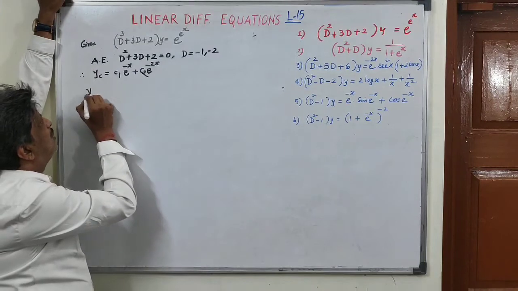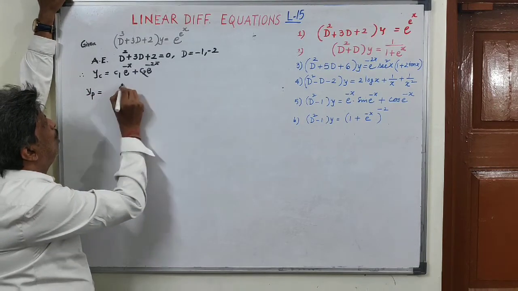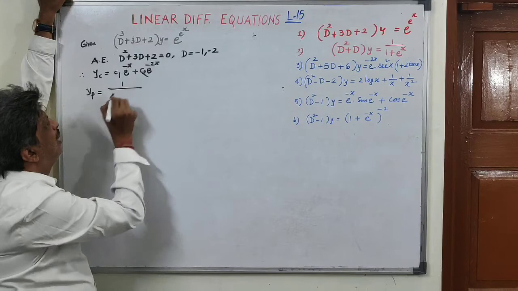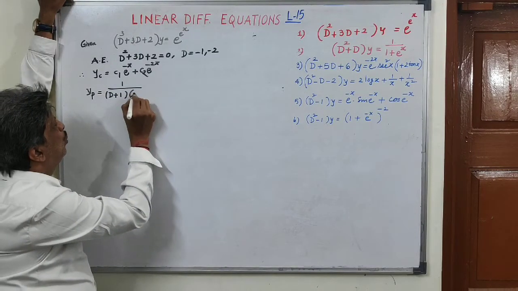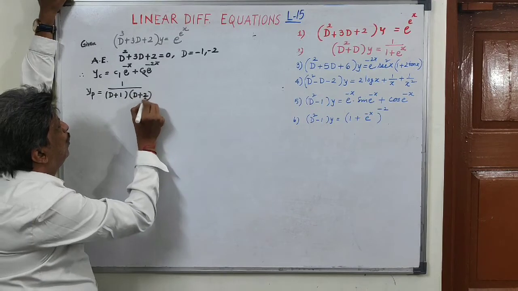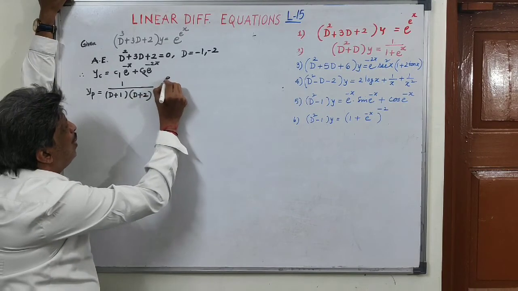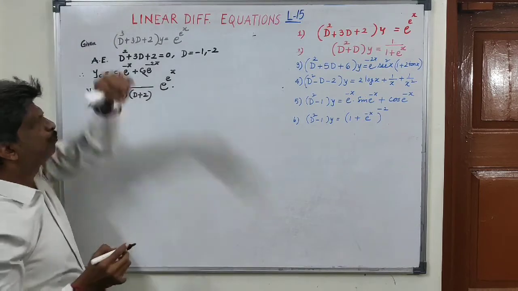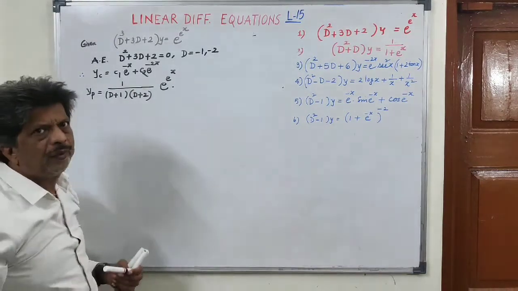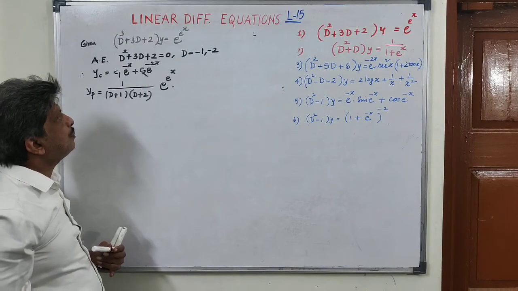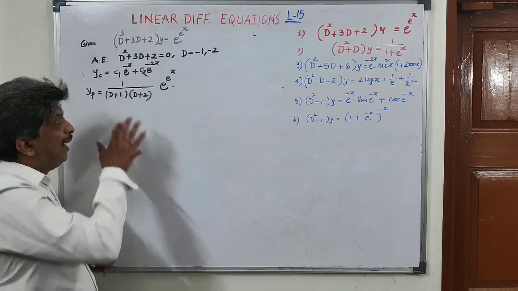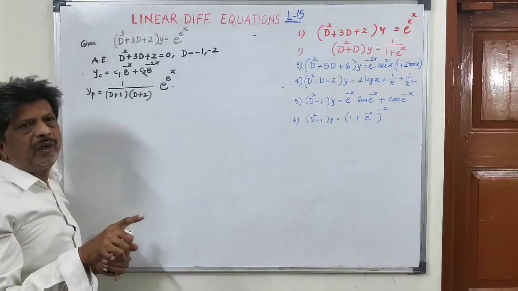Now, YP, this is important. 1 upon f of D, which is (D plus 1) into (D plus 2), into e raised to power x. Here, this step is important.